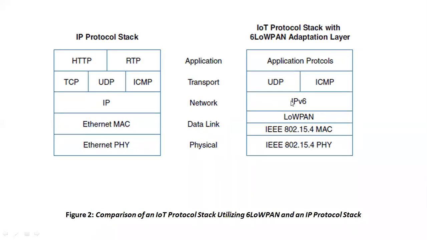Then IPv6 is here, and UDP and ICMP transport layer protocols, and then the application protocols as they are. The main difference is that we have inserted this adaptation layer in between the network layer and data link layer, right? So I think you understood the comparison between our original TCP/IP protocol stack and our IoT protocol stack.